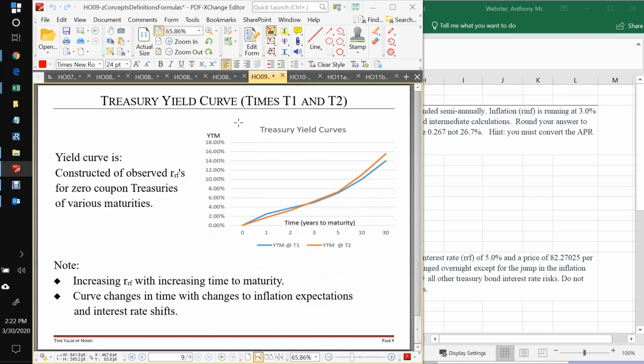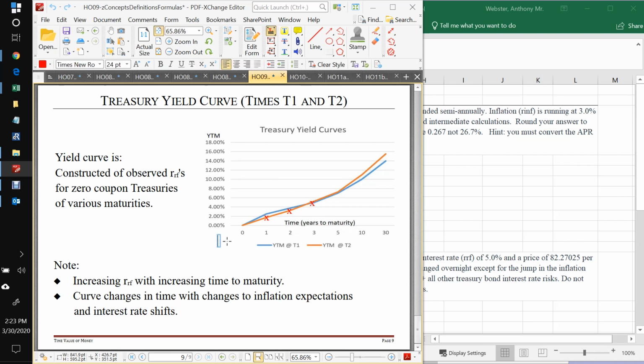And the third thing that I want to highlight for us in this chapter is the treasury yield curve. And that's a curve like this that is constructed from looking at a bunch of zero coupon treasury bonds that have different maturities and just plotting on a graph, put on the x-axis how many years to maturity, and put on the y-axis for each one their current YTM over here.